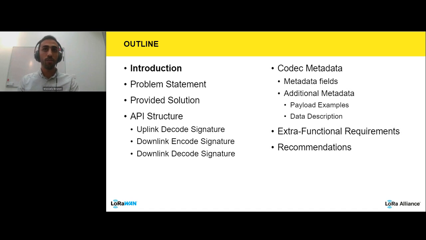To be more clear for attendees, we will go through some points to learn more about the API structure, the metadata, and the requirements and recommendations when following this standard, which are explained in more detail in the specification published by the LoRa Alliance. And you will all have access to a reference link to the specification at the end of this webinar.